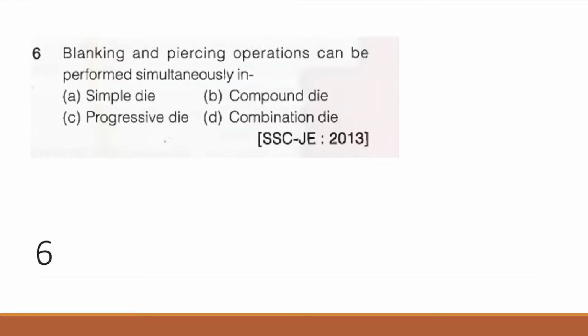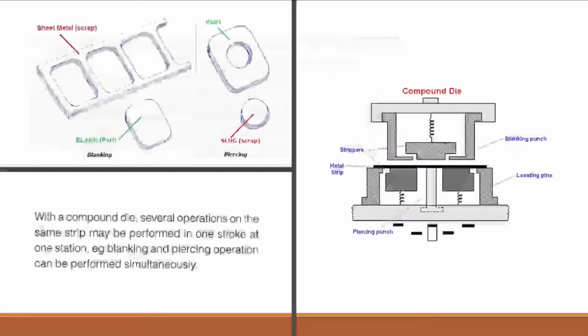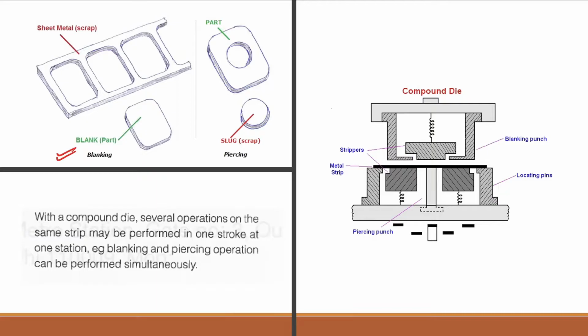Now the next question, blanking and piercing operation can be performed simultaneously in. Now the correct answer for this question is compound die. Now you have to understand what is blanking and piercing operation. So here you can see this is the blanking operation in which this part is a scrap part, right?